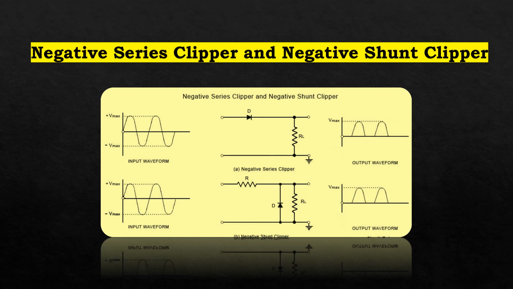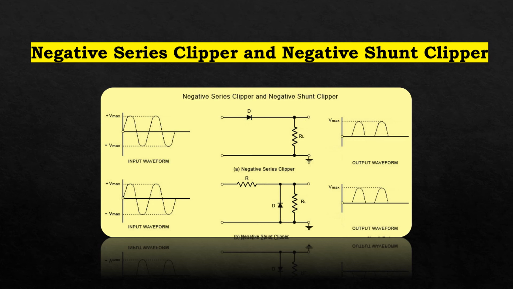In the negative diode clipper, there are two types, negative series clipper and negative shunt clipper, and the figure is shown in the slide, and both the negative series and negative shunt clippers are shown in the figure. The negative clipping circuit is almost the same as the positive clipping circuit, with only one difference.